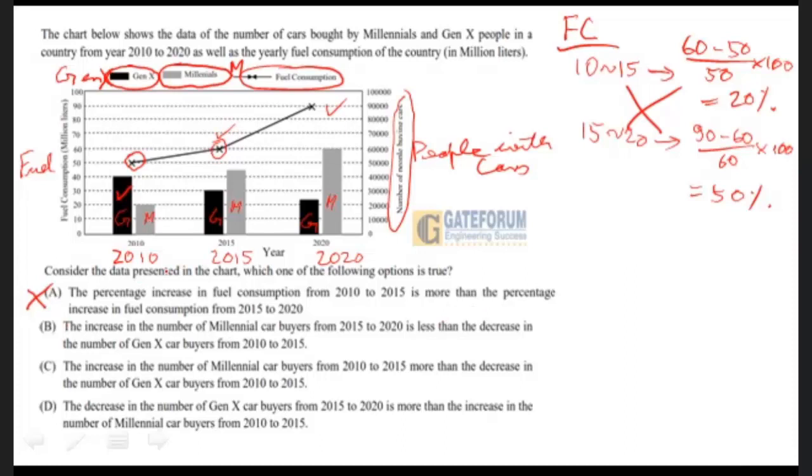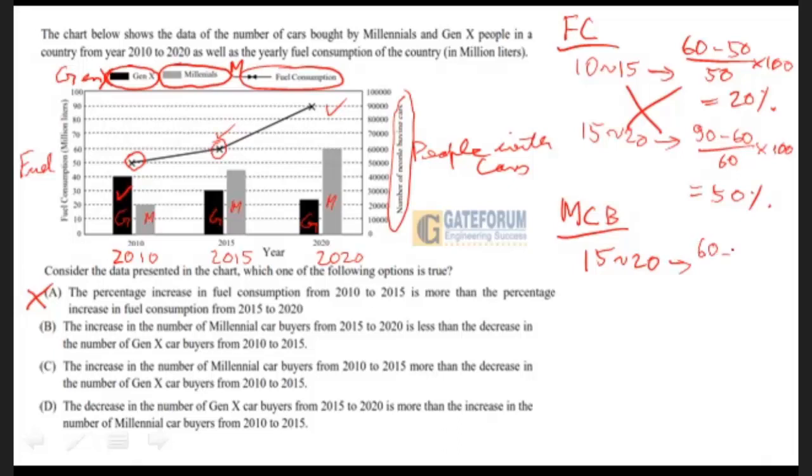Let us look at B, the increase in the number of millennial car buyers from 2015 to 2020. Millennial is this gray one. In 2015 it is 45, and in 2020 it is 60.